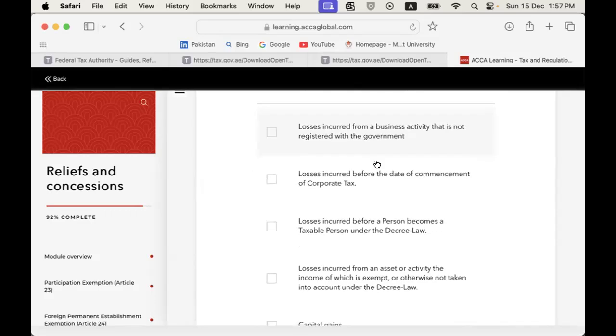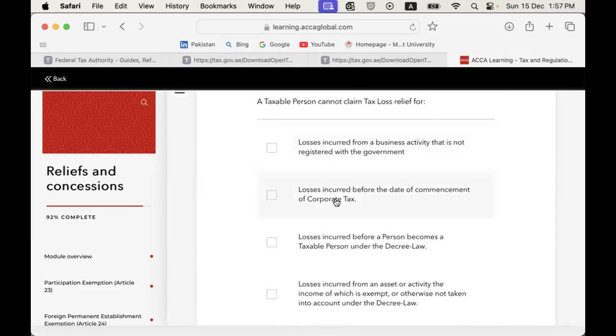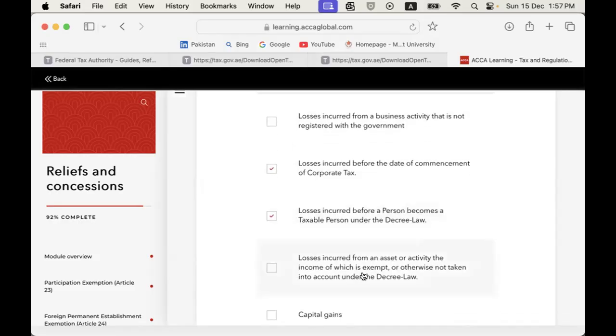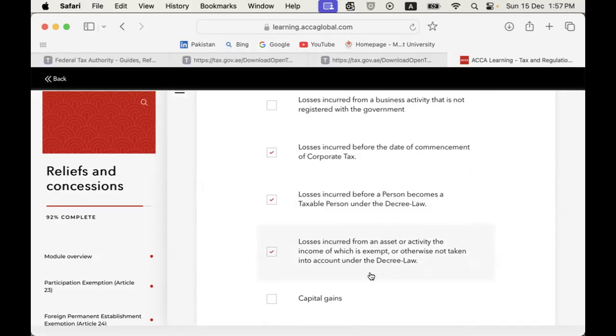Now that is not correct. Losses incurred before the date of commencement of corporate tax, yes. Losses incurred before a person becomes a taxable person, yes. Losses incurred from an asset or activity, the income of which is exempt, I think yes. You remember, we discussed this.